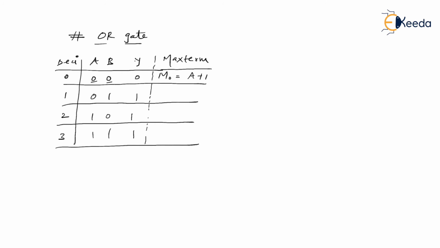I can write that as A plus B. Please remember, min terms are in the form of product and max terms are in the form of sum. Next, M1, I can write A is 0, so I'll consider A as it is. But as you can see, B is 1. I want logic 0 at output. So what I'll do is I'll put B bar. Ultimately, A is 0, but since B is 1, B bar will become 0 and 0 plus 0 will result in 0.